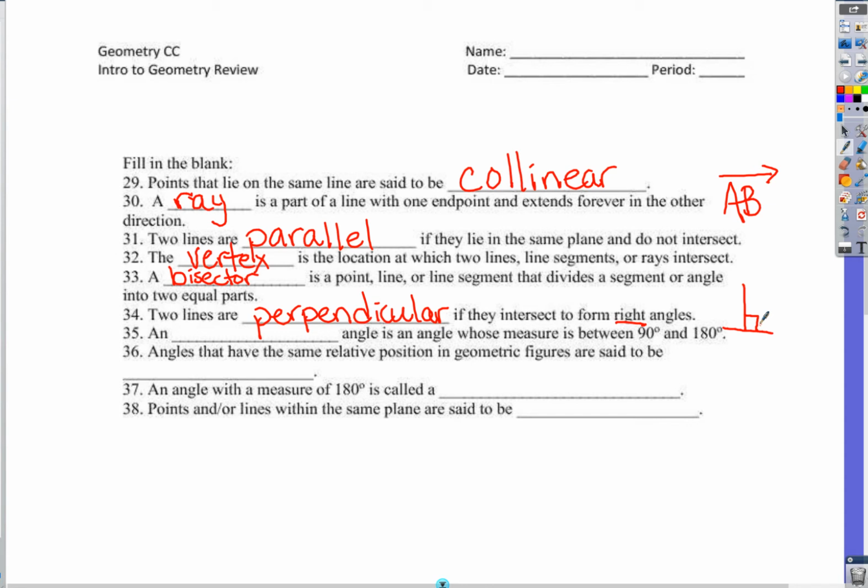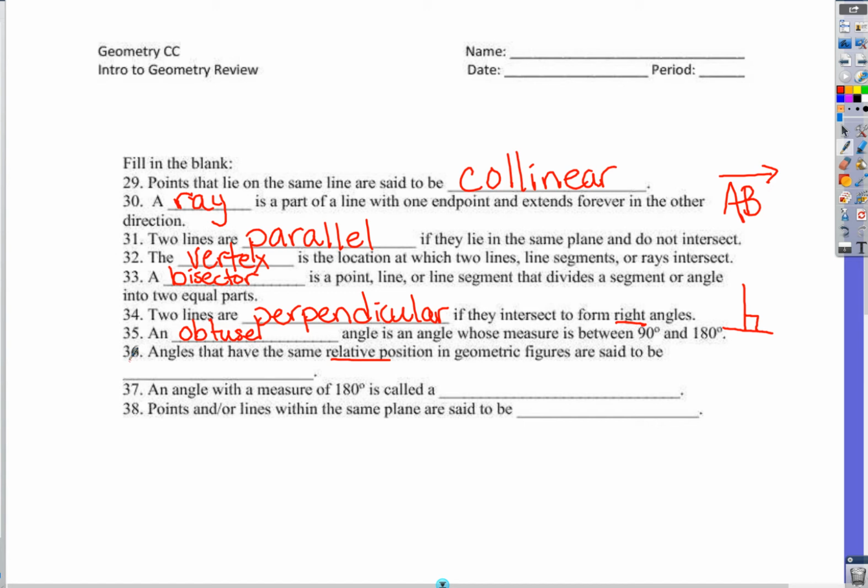35. A blank angle is an angle whose measure is between 90 and 180. Obtuse. Okay, number 36, that's more of a Unit 2 thing, but we did have that vocabulary word, angles that have the same relative position.